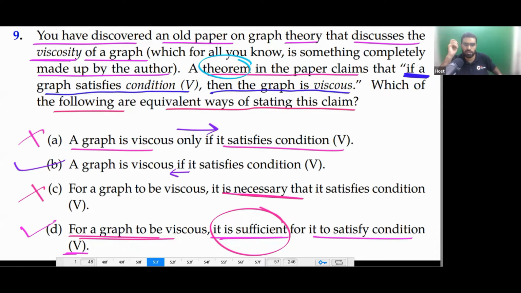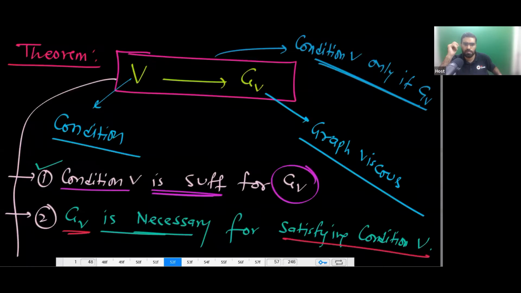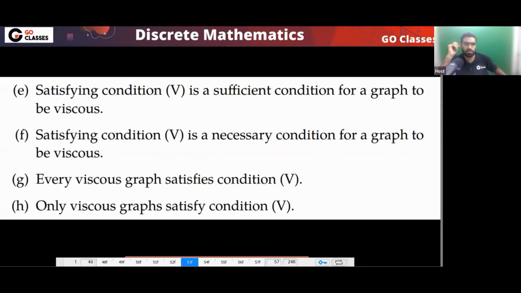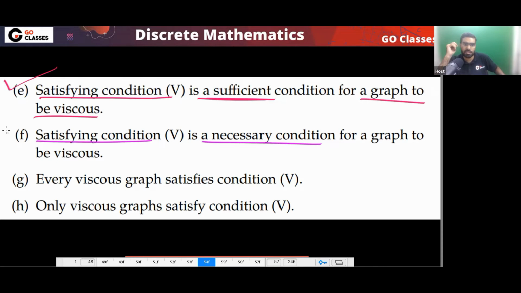Simple question actually. Anyone has any doubt? And what about these four more statements? Satisfying condition V is sufficient for graph to be viscous. Yes, that's correct. Satisfying condition is necessary, that's not correct.